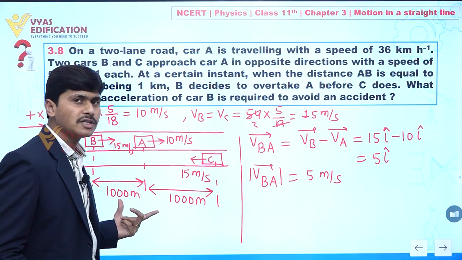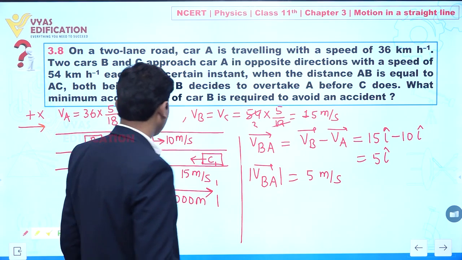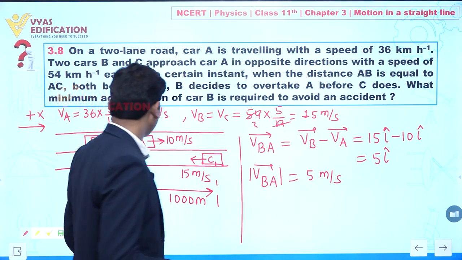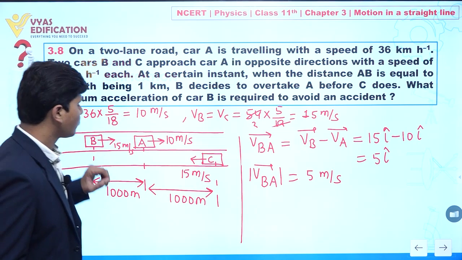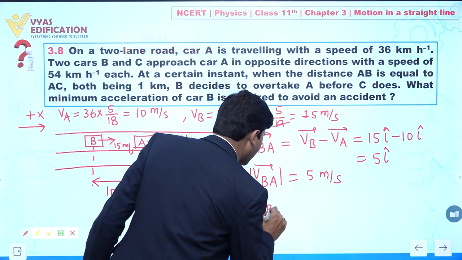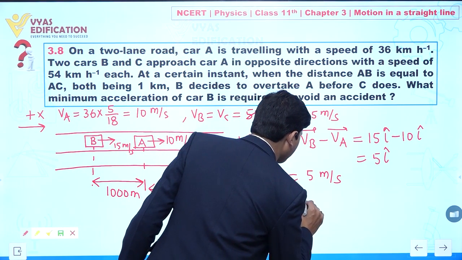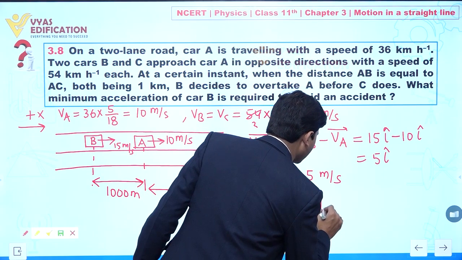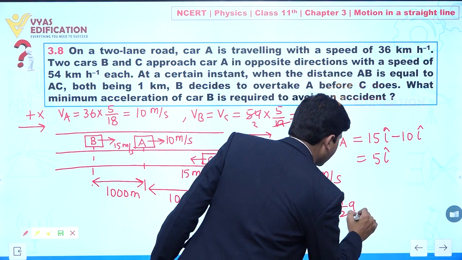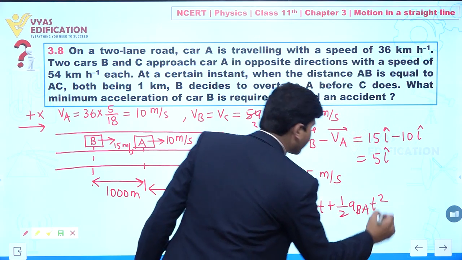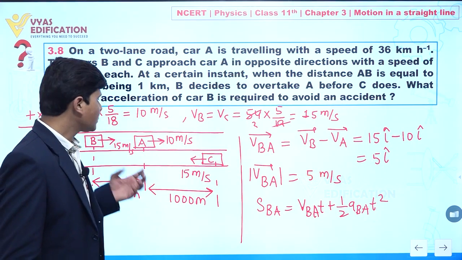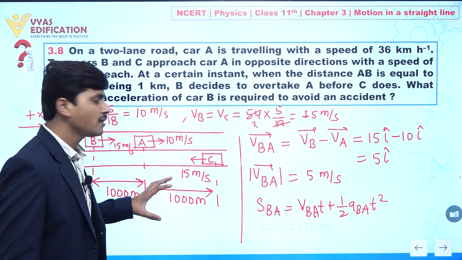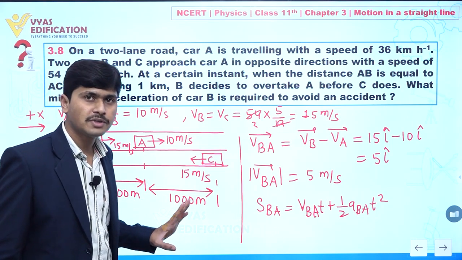Distance is given as 1000 meters. So our objective here is to calculate the acceleration. We can write S_BA equal to V_BA times T plus 1 by 2 a_BA T squared. In 40 seconds car B has to cover this 1000 meter distance.